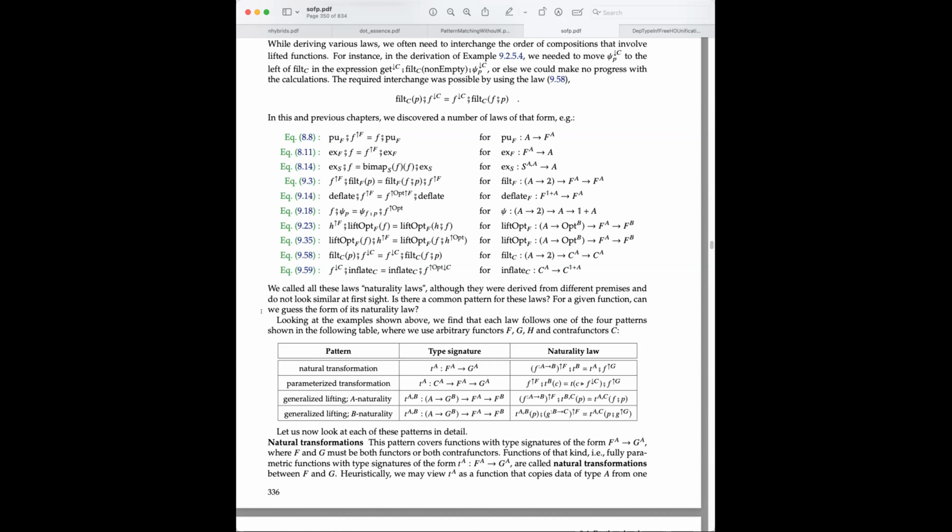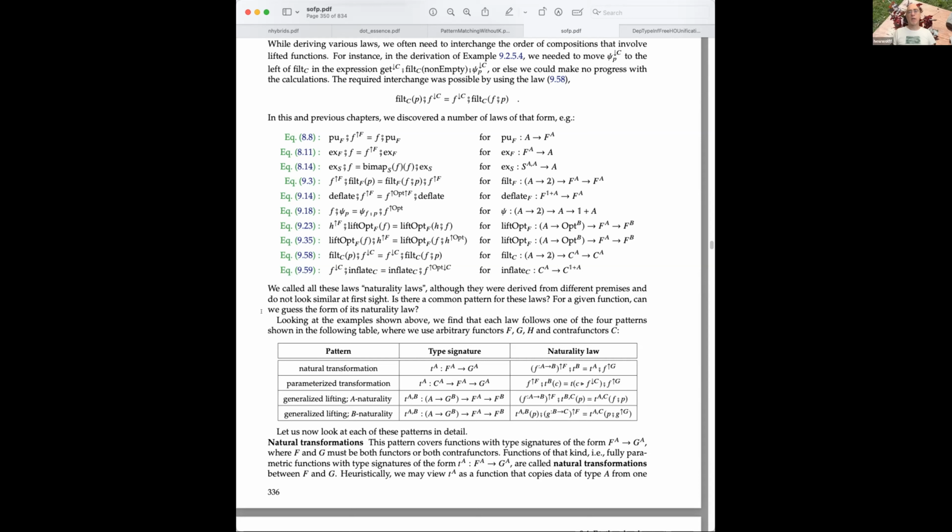Can somebody remind me what the function f with the up arrow capital F means, as opposed to F with the down arrow? Well, they're both FMAP. The up arrow F is for a covariant functor, it's FMAP. The down arrow is for a contravariant functor, it's CMAP or contramap.